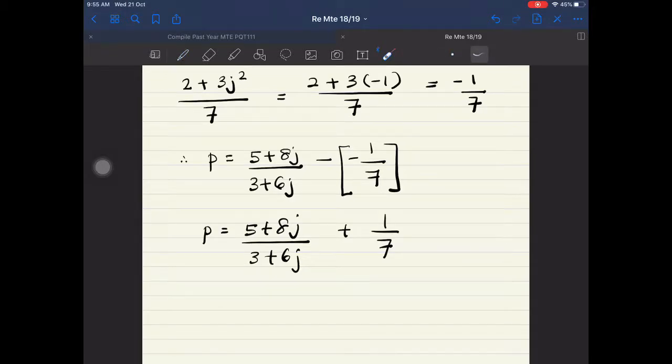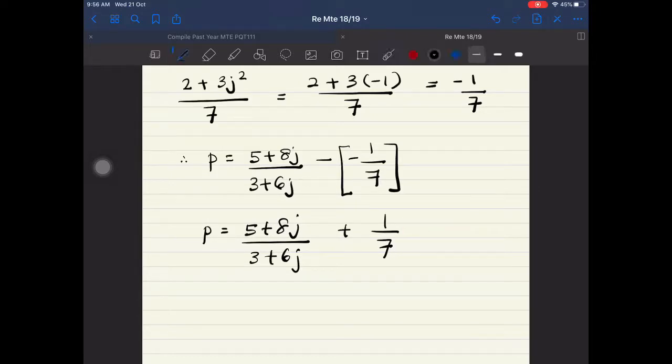Okay, so now if you take a look at the first function here, this is not a simplified function. You cannot simply do the operation because you have the imaginary part here. So to get rid of this imaginary part, you need to multiply by the conjugate of this one. Okay, as for this part, you don't have to do anything since this is already in the simplest form.